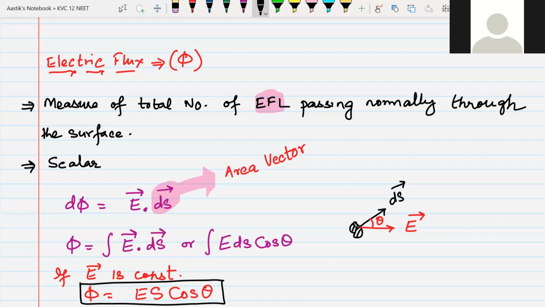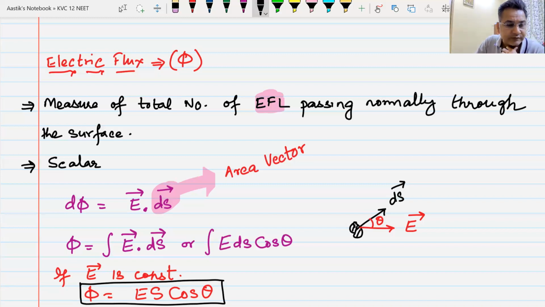We have noted this down. Yes, sir. Now, you can draw this diagram also if you want to.